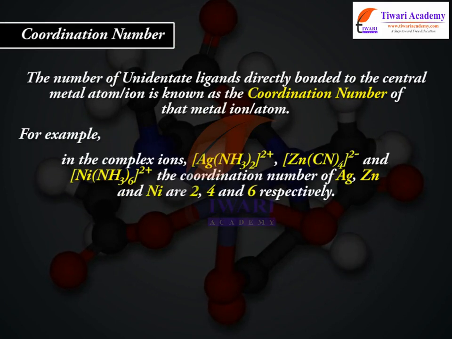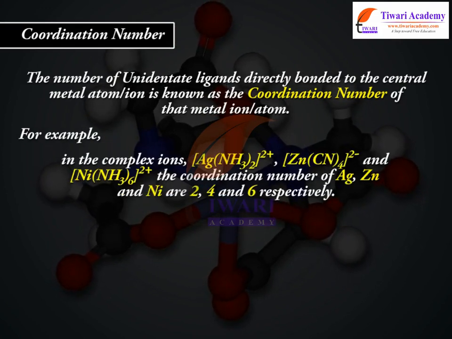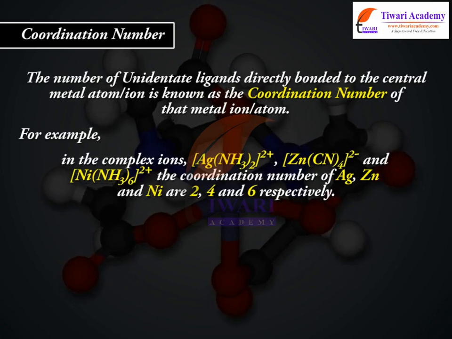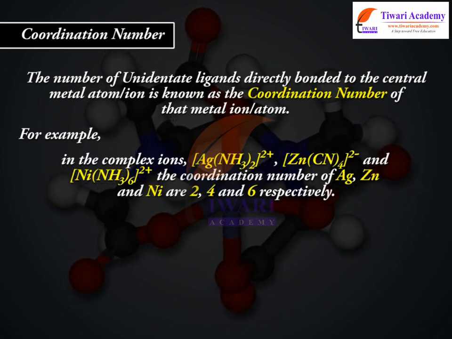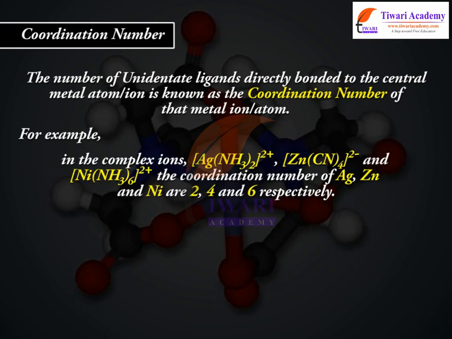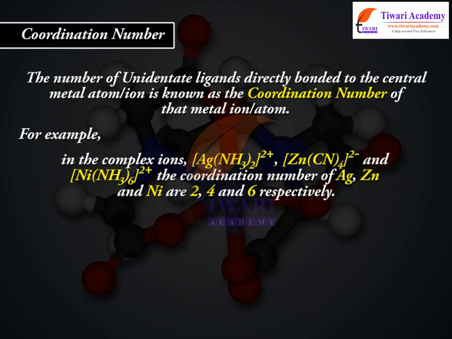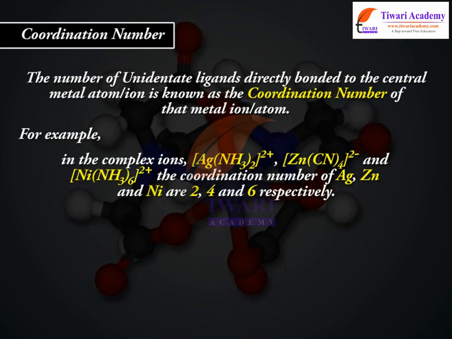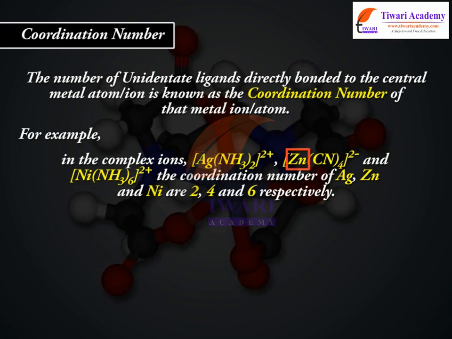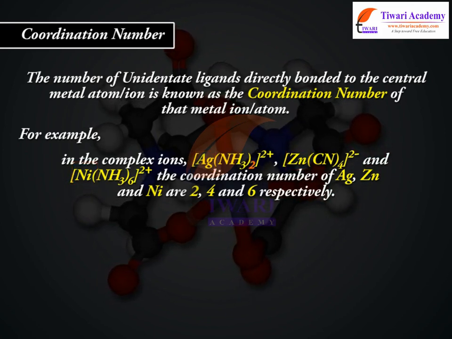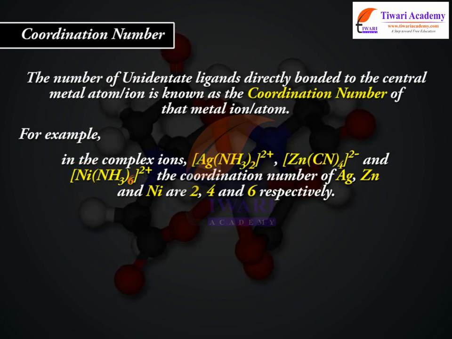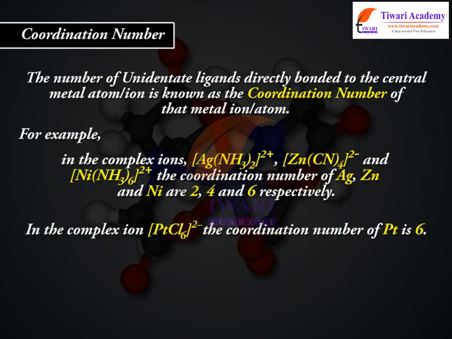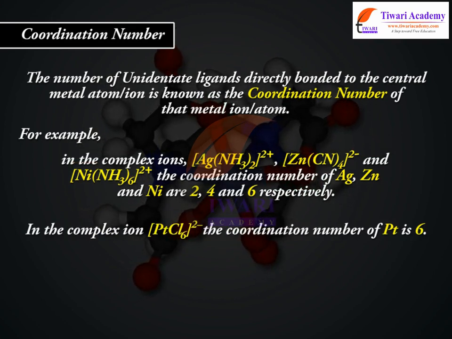For example, in the complex ions [Ag(NH3)2]+, [Zn(CN)4]2-, and [Ni(NH3)6]2+, the coordination number of Ag, Zn and Ni are 2, 4 and 6 respectively. In the complex ion [PtCl6]2-, the coordination number of Pt is 6.